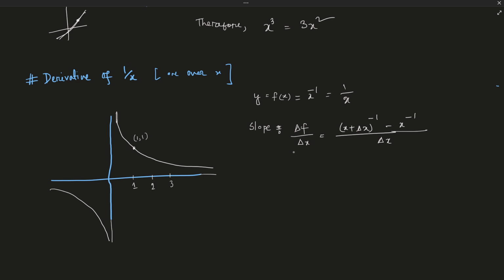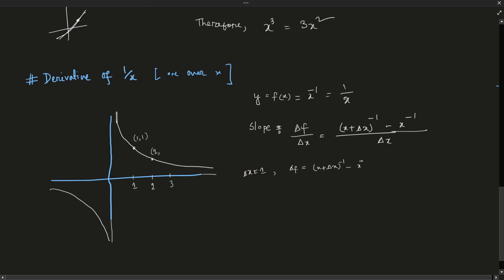If we take the interval del x as 1, then del f will be (x plus del x) to the power minus 1 minus x inverse.